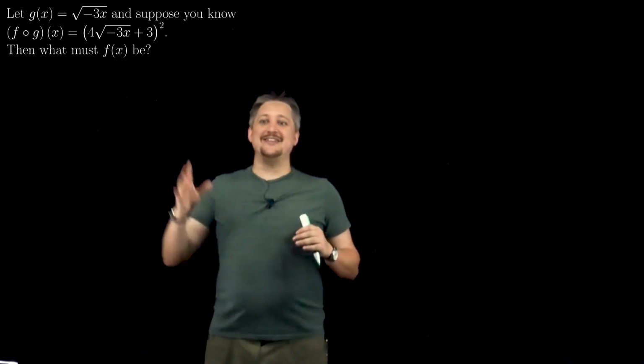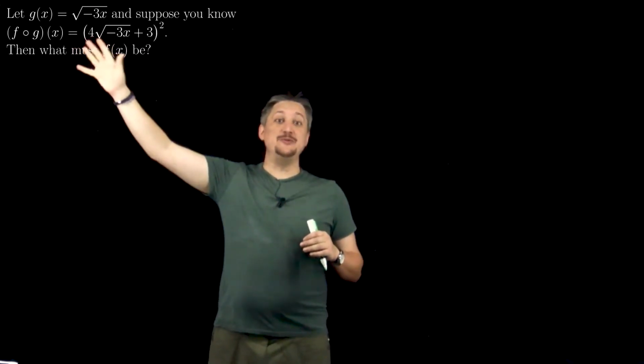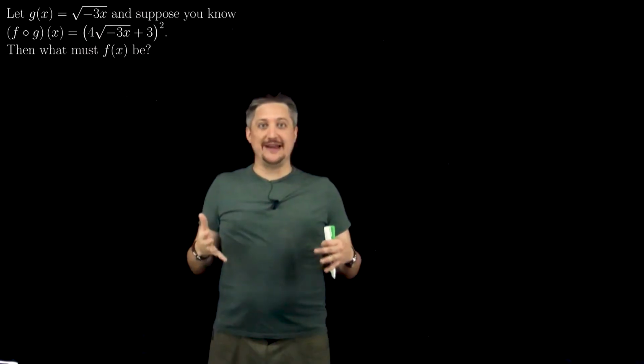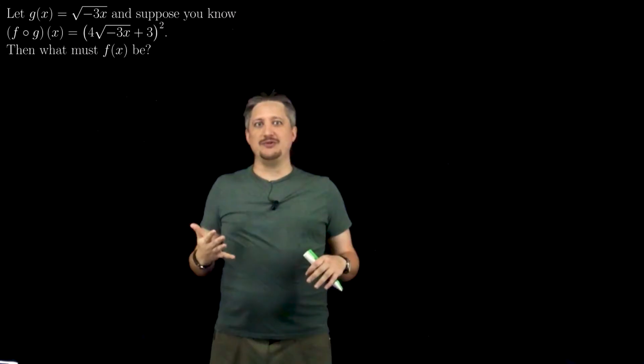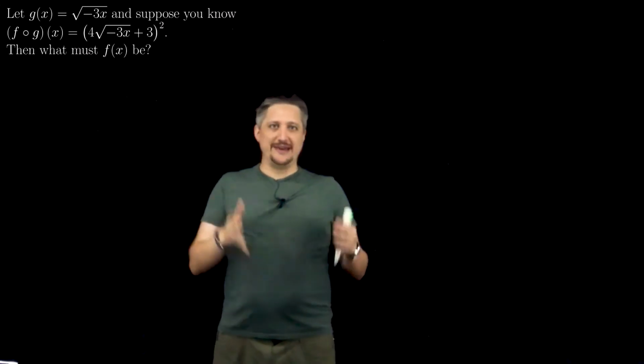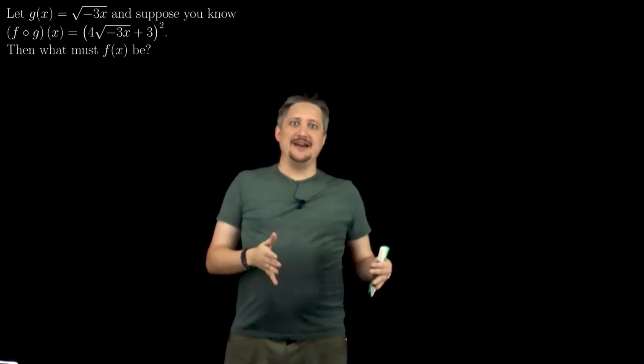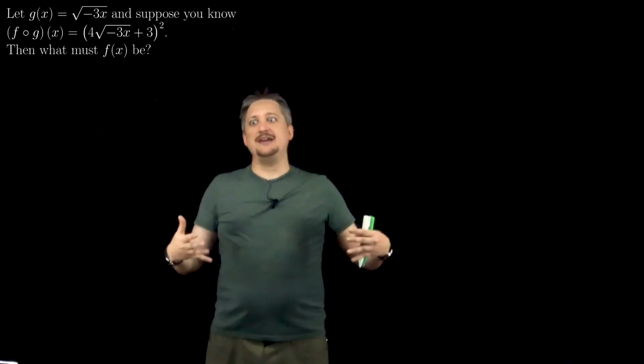So the idea is that ultimately how we're going to do this is by doing it backward, right? Normally we would be given f and g and asked to do f of g, right? So then I'd take all the x's in f, place in the g of x, take those g of x's, and replace them with what they are, and that would get me f of g of x.